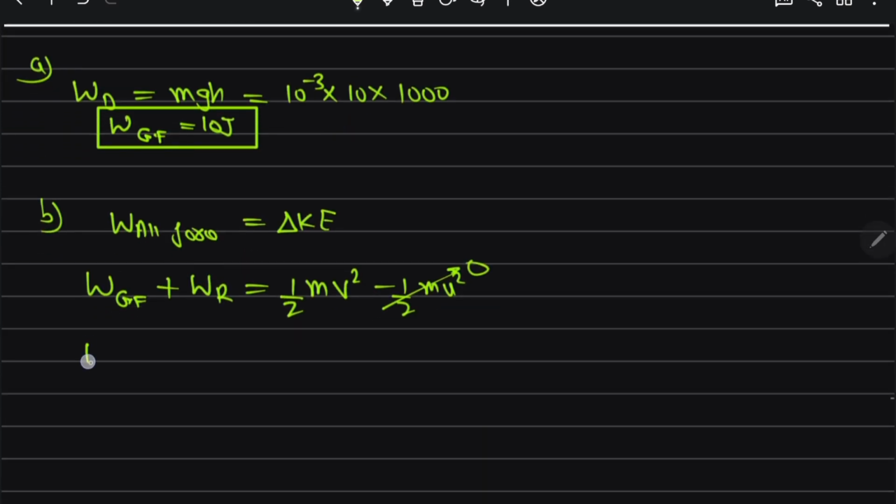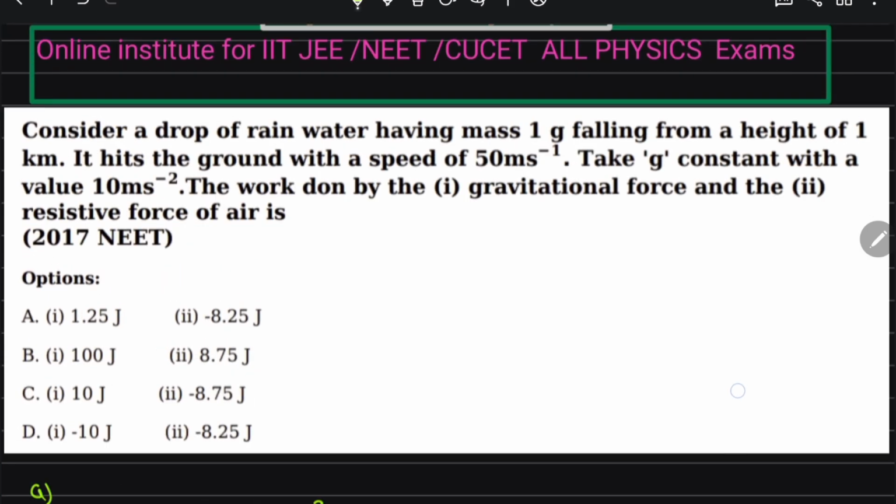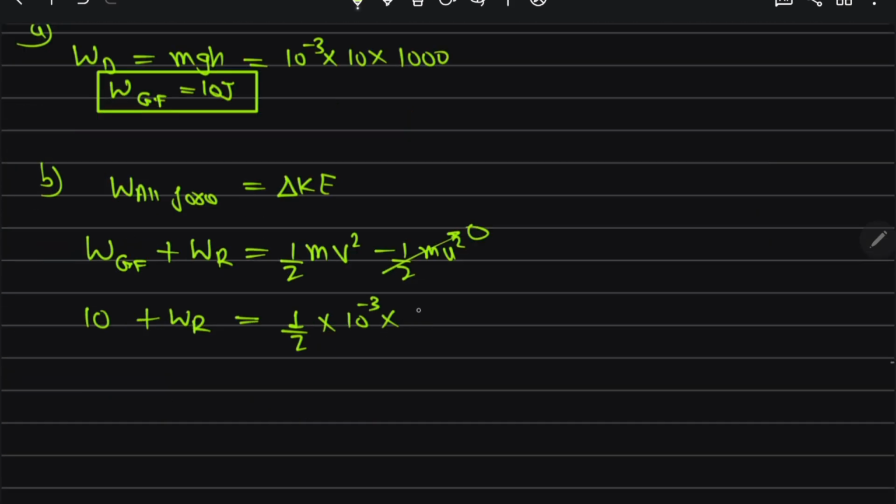Work done by gravitational force is 10 joule, so we have to calculate work done by resistive force. Half m is 10 to the power minus 3, and the speed they have given is 50. 50 into 50, so work done by resistive force comes out to be 2500 into 10 to the power minus 3 divided by 2, minus 10.